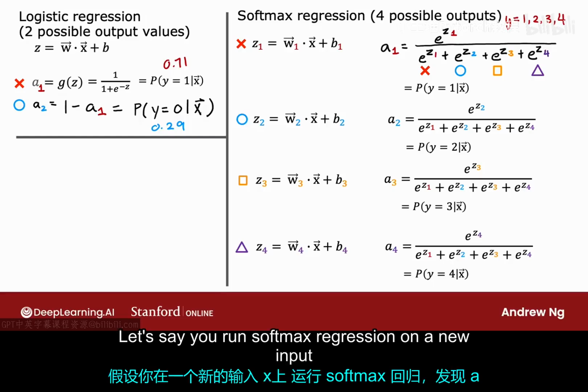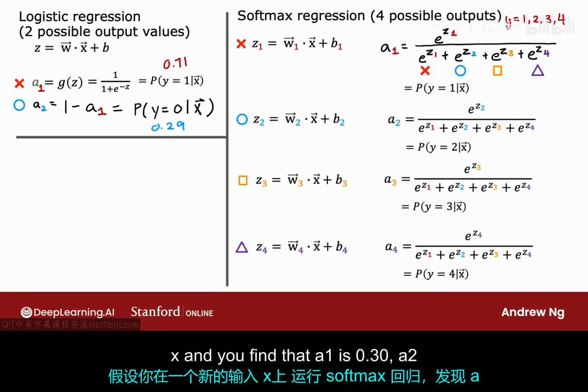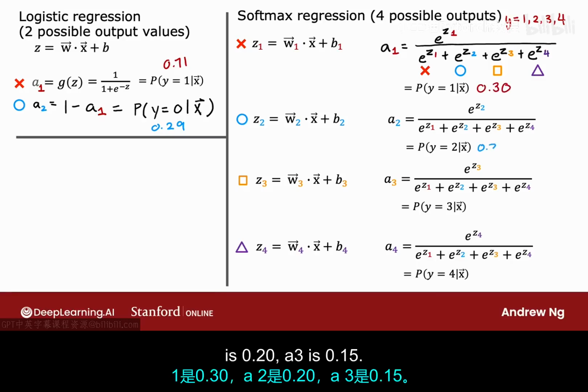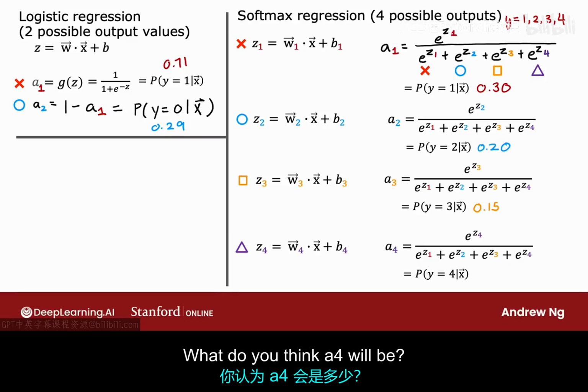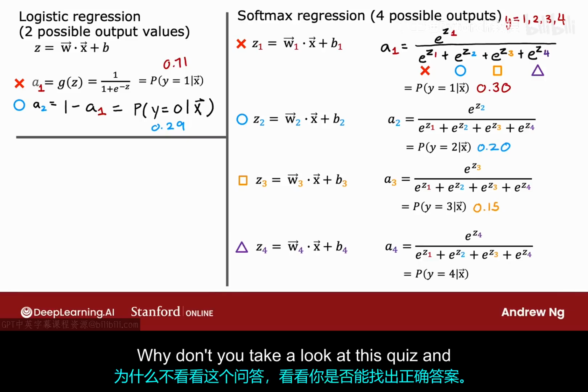Quick quiz. Let's say you run softmax regression on a new input x and you find that A1 is 0.30, A2 is 0.20, A3 is 0.15. What do you think A4 will be? Why don't you take a look at this quiz and see if you can figure out the right answer.